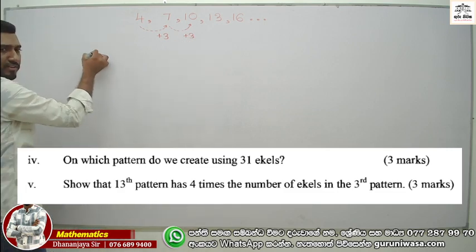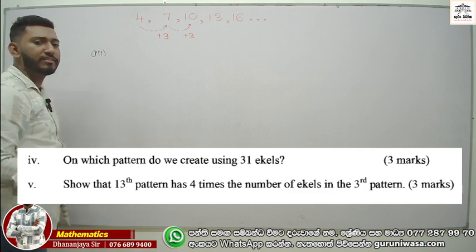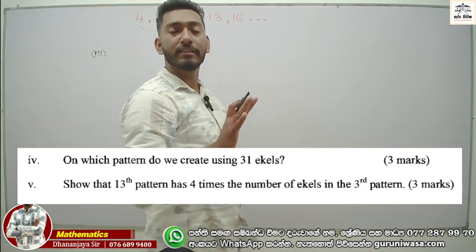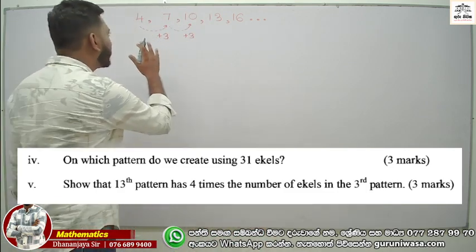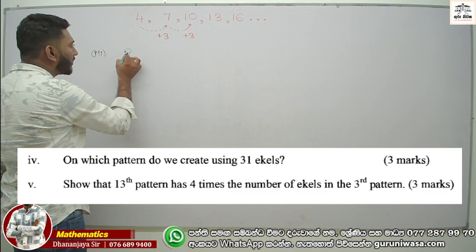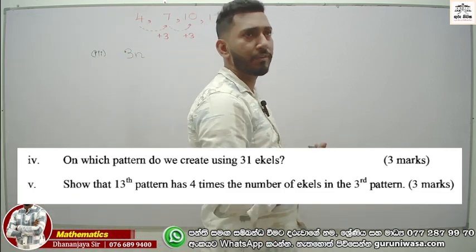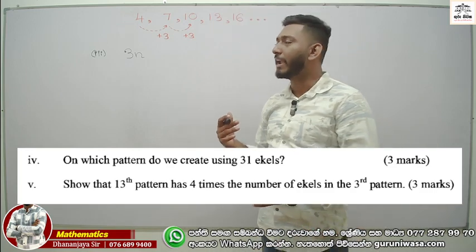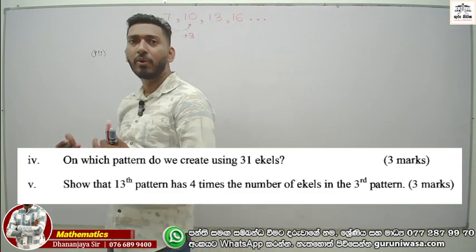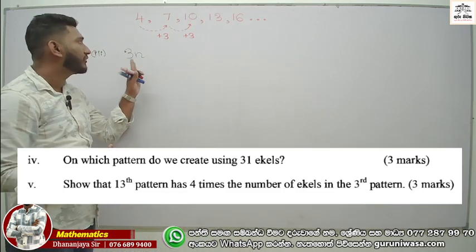This is question number 3. The general term: they are 3 by 3. This is an increasing pattern. Therefore, that one should be 3n. This adds 4 by 4, we call it 4n. This one is 3 by 3, therefore we call it 3n.